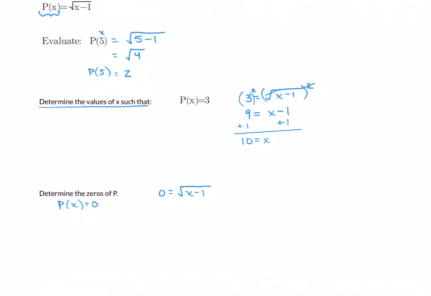We can't solve if x is inside the square root. So the first thing I'm going to do is square both sides. 0 squared is 0. On the right, my square root and my square cancel, leaving me with x minus 1. And to solve this, we're going to add 1 to both sides. We get 1 equals x.